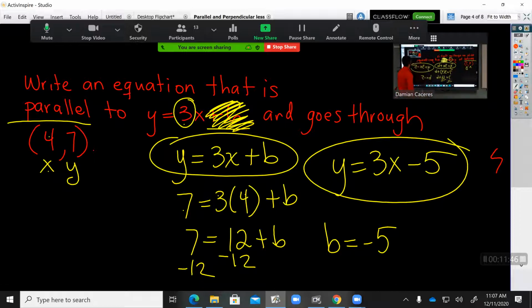Now I want you to try one on your own. So on the next page, I'm going to write down a new equation and a new point, and it's still parallel what we're looking for. So I'm going to make the instructions shorter.